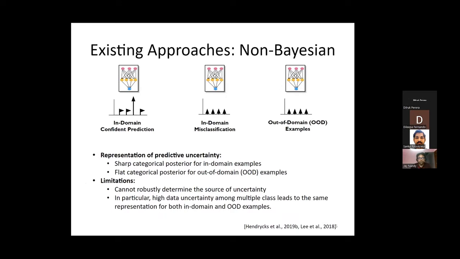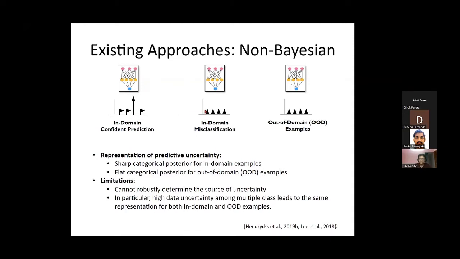what can we expect from a neural network when it gets some input? If the input is a correct in-domain example, let's say there are 4 classes, then the neural network is going to produce very high confidence for one of the classes if the input is coming from a known class.